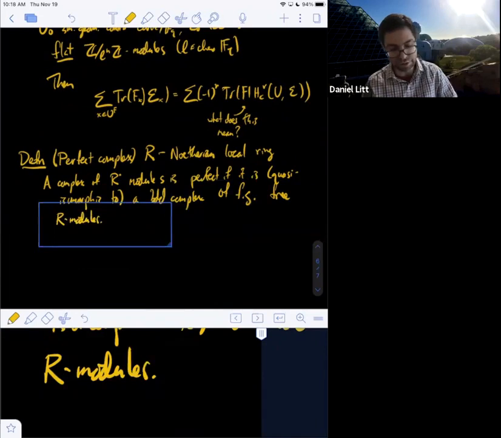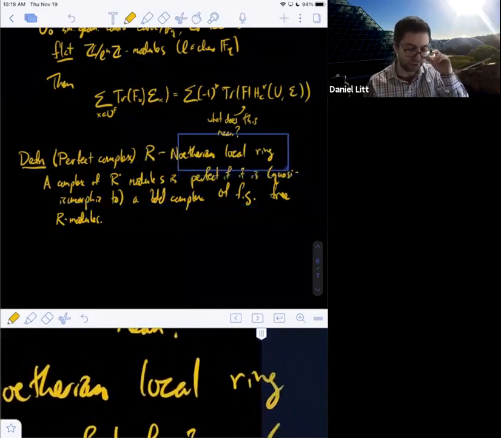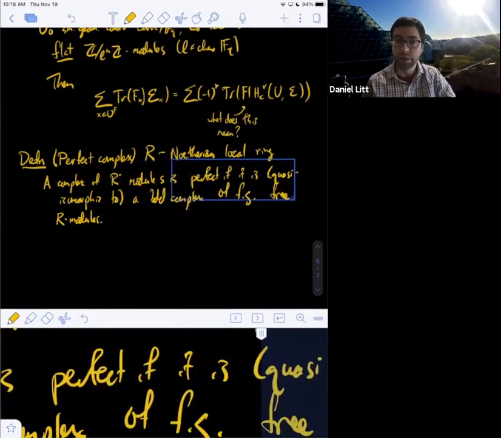Okay, so in general, without this local condition, you would ask that it be locally quasi-isomorphic to such a thing. But I don't want to get into what exactly that means.